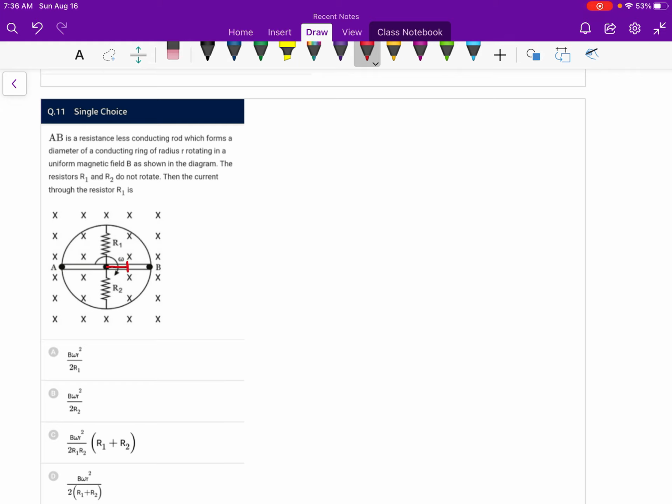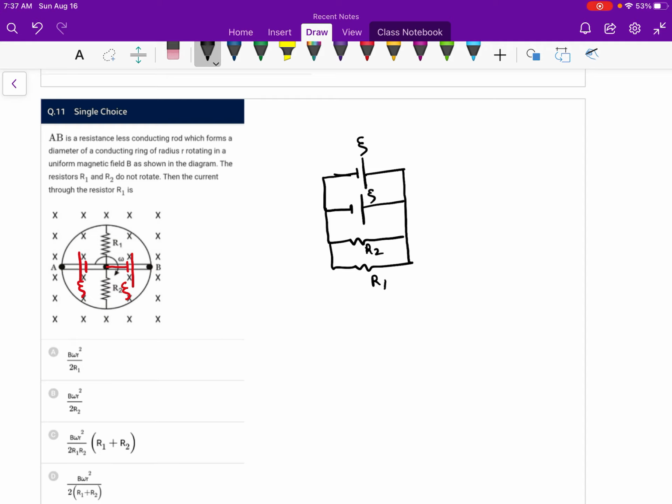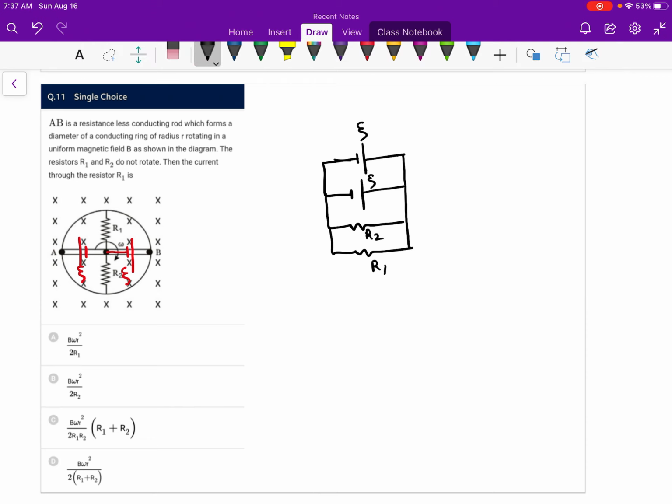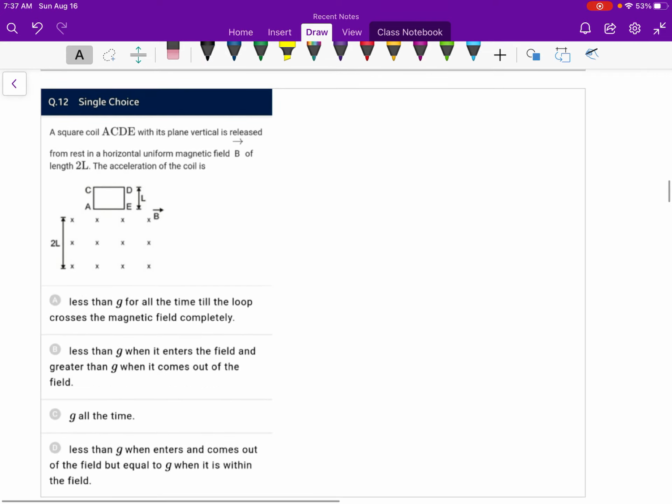The induced EMF will be E, and similarly in this one also the induced EMF will be E. So the two cells and the two resistors are all in parallel: R1, R2, E. Then the current through R1, I1, is E upon R1, that is B omega R squared by 2 upon R1. So A is the correct option.